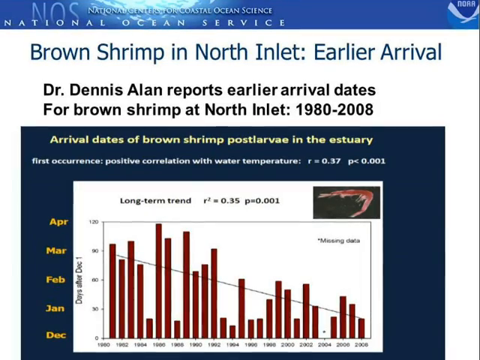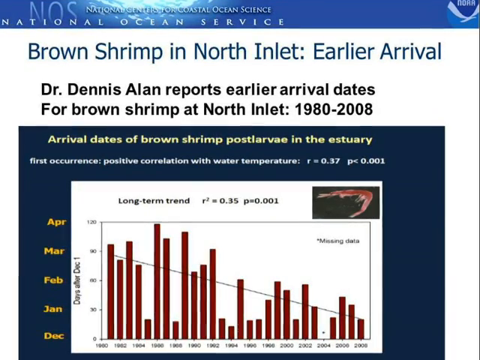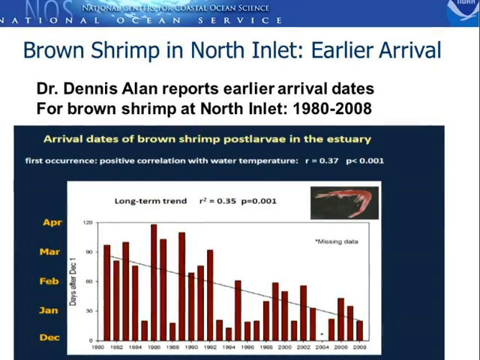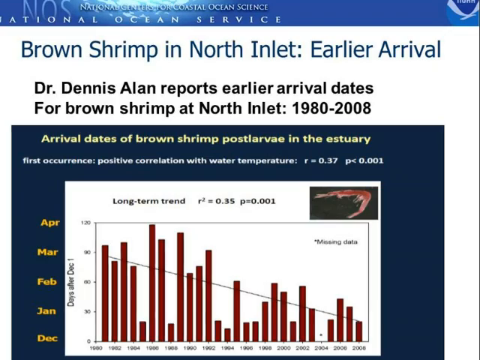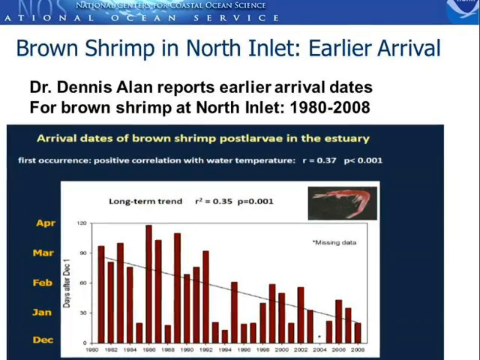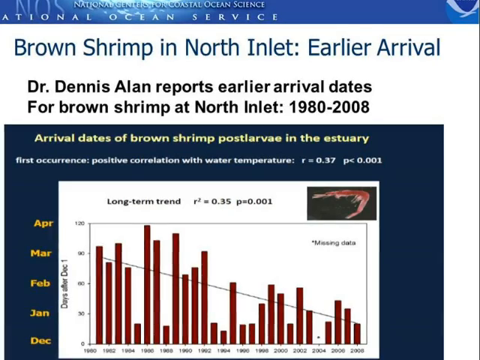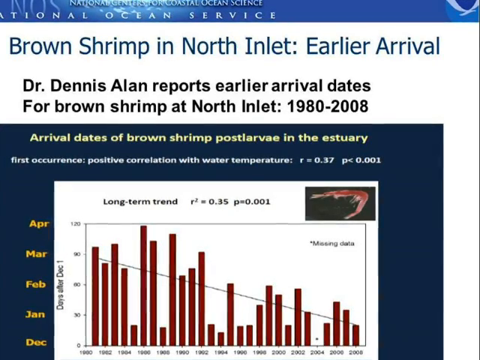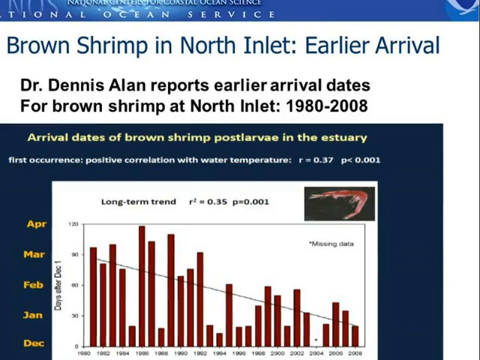Evidence of this in North Inlet is shown in this slide. Because of the warmer temperatures in the winter, and that slide was of winter temperatures, normally our Penaeid shrimp, which we had talked about earlier, having high levels of antibiotic-resistant Vibrios, show up usually as larval stages in April. So we have the number of days after December 1st.